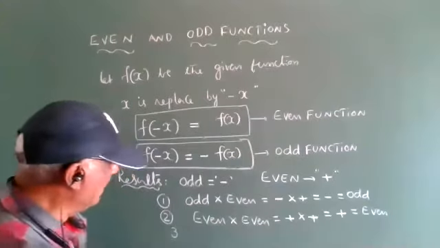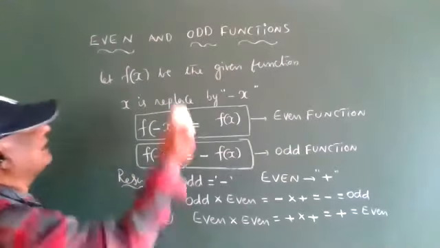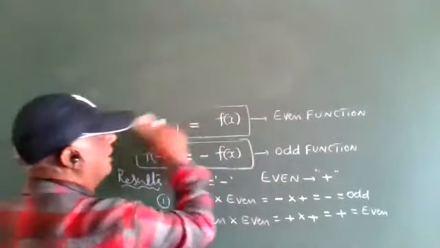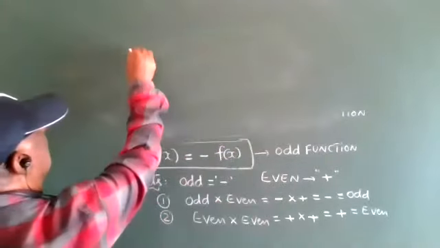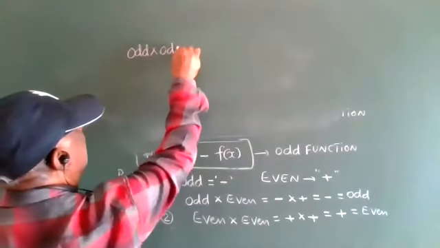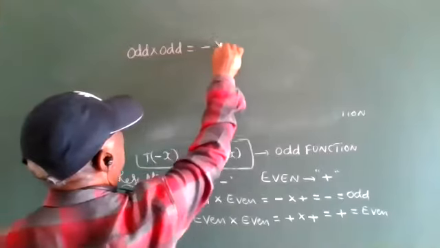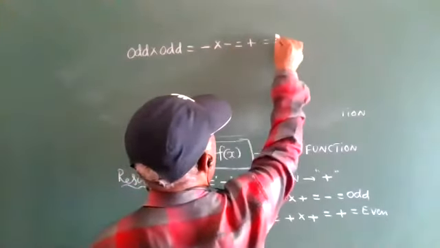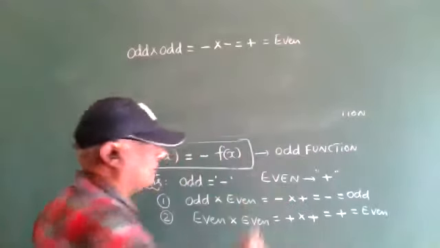The third one, everyone observe: odd into odd. Odd is negative, negative into negative, the total becomes positive, therefore it is an even function.